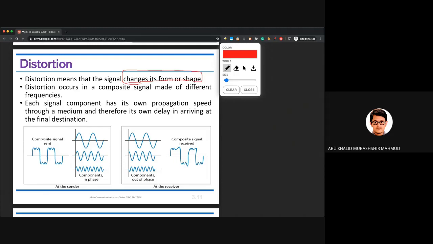Now, each signal component has its own propagation speed through a medium and therefore its own delay in arriving at the final destination.